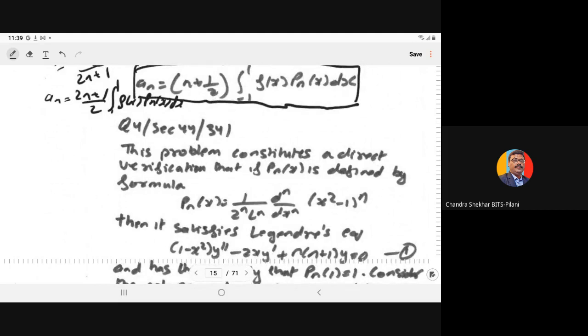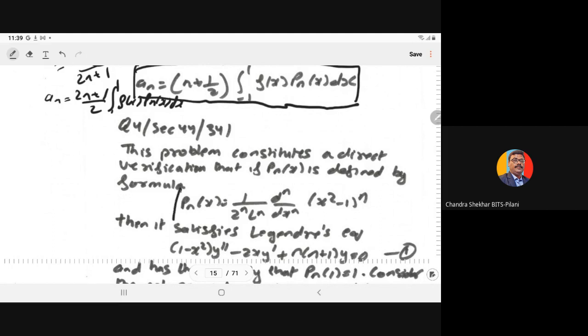Now, question number 4 of section 44. This Legendre polynomial in your book is section 44, on page 341. This is a theoretical problem, right? This problem constitutes a direct verification that if Pn(x) is defined by the formula, what is this formula?